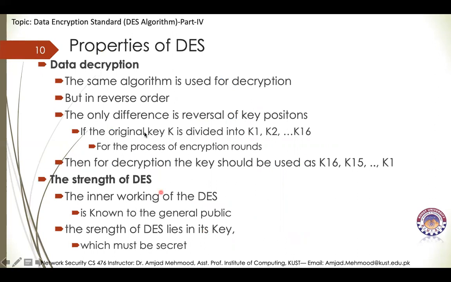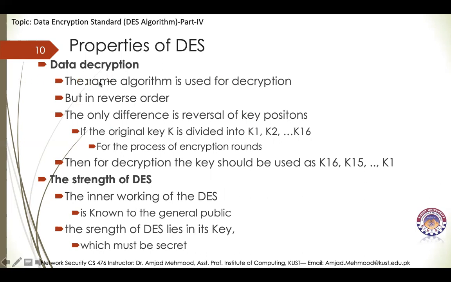If you remember from cryptography, DES is based on symmetric encryption. In symmetric encryption, the same key is used on both sides, sender side and receiver side, but on the receiver side it is performed in reverse order.